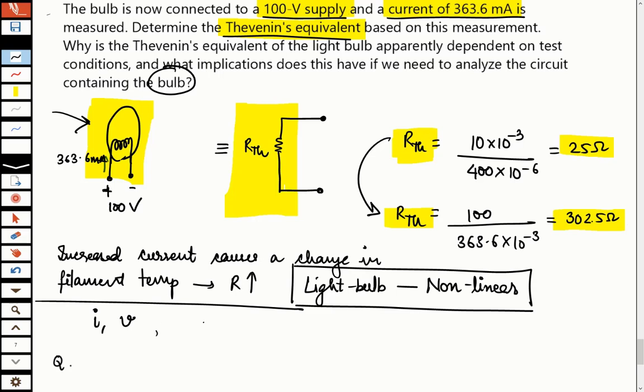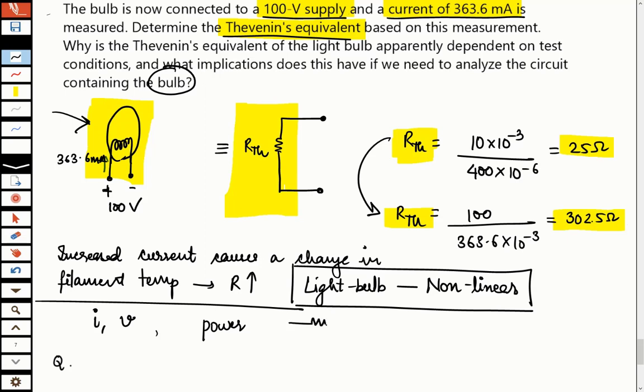But can you find power using superposition? You can find linear responses using superposition. Can you compute power using superposition?